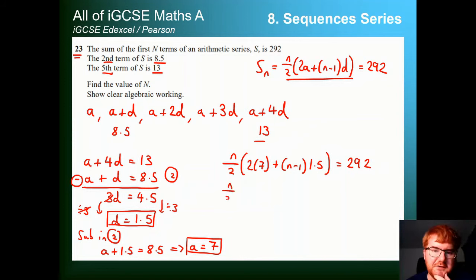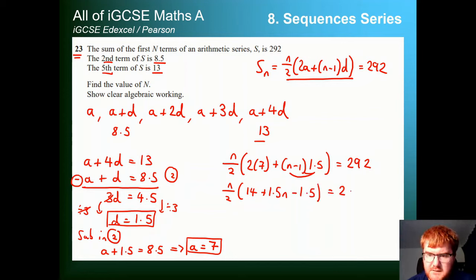We'll leave the n over 2 for the time being. 7 times 2 is 14. If we expand the bracket here, we get plus 1.5n minus 1.5 equal to 292. We can tidy up what's in here. 14 minus 1.5, that's equal to 12.5.